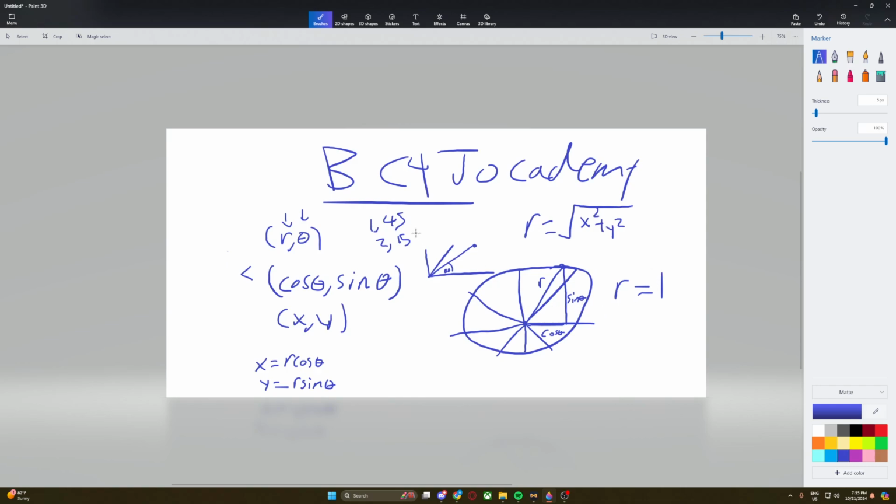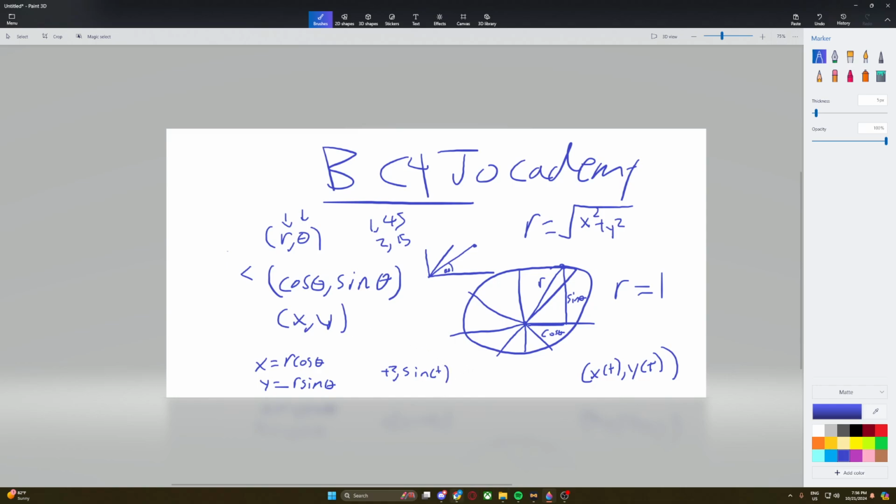But if we make r not 1 but an actual changing function, like remember how I talked about in parametric, if you watched it, that x of t and y of t are their own functions. Like if my x coordinate was changing by t squared, and my y coordinate was changing by sine t.